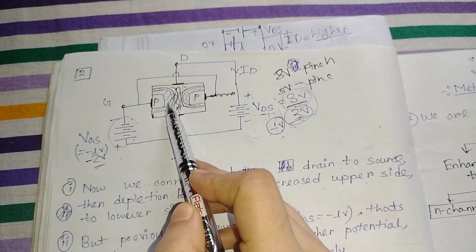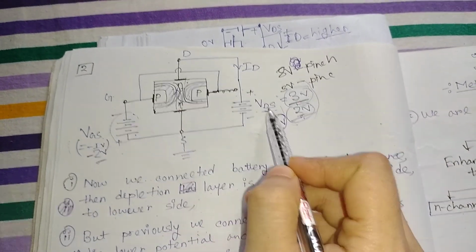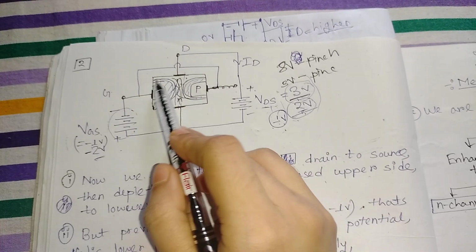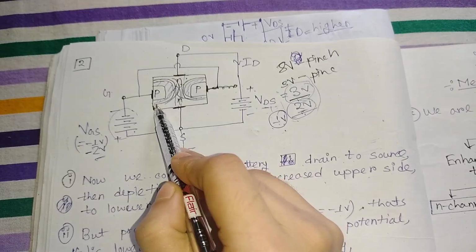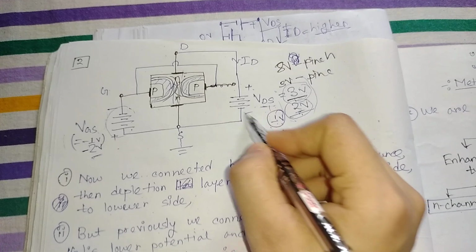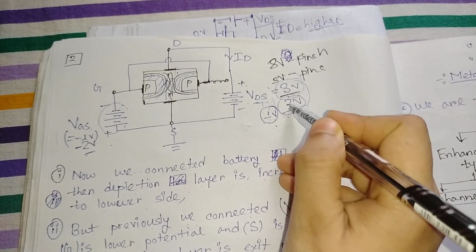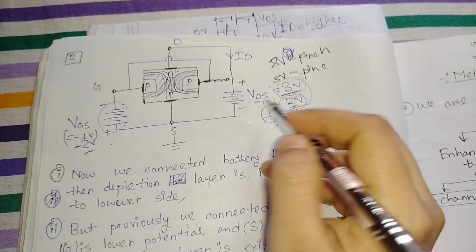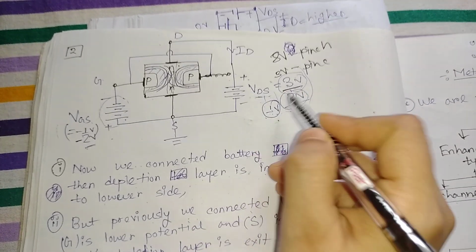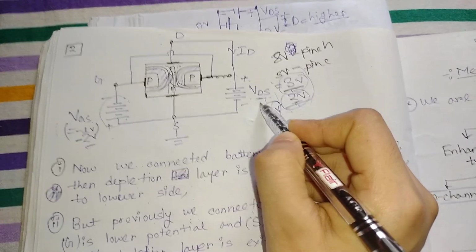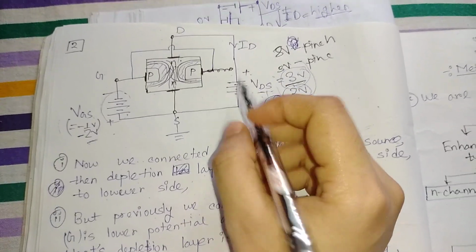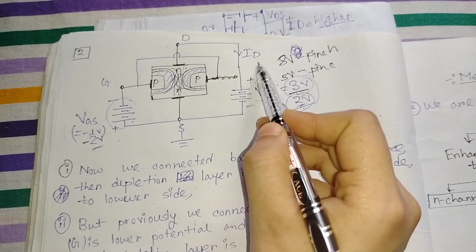So obviously, when we apply VDS, we already have a depletion layer. When we apply VDS, at a certain amount of voltage like 3 volt, 2 volt or 1 volt, before we increase the VDS value, we get the pinch off voltage where ID is saturated.